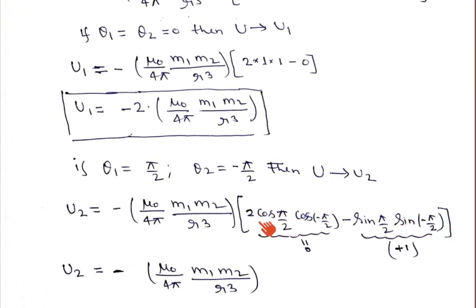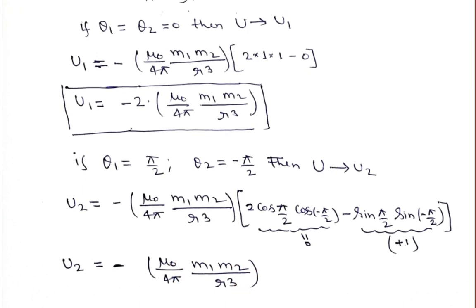Cos pi by 2 is equal to 0, and sin pi by 2 is 1 and sin minus pi by 2 is minus 1, so minus times minus 1 gives plus 1. So this whole quantity is equal to plus 1, and then U2 is equal to minus mu 0 upon 4 pi m1 m2 upon r cube.